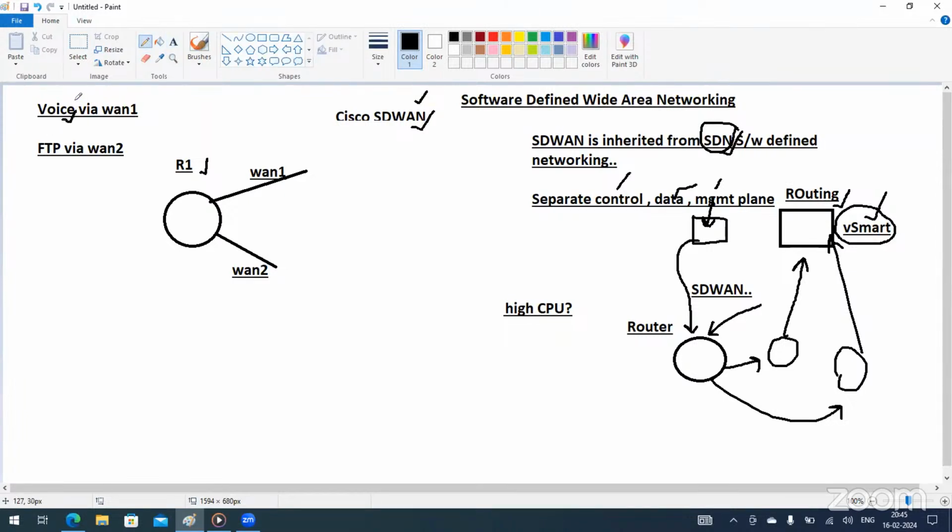How to identify the voice traffic? Can someone tell me how we can identify on our router if packets passing through are voice traffic or FTP packets?